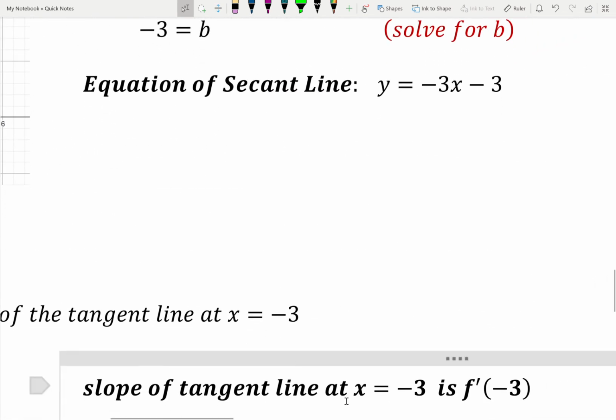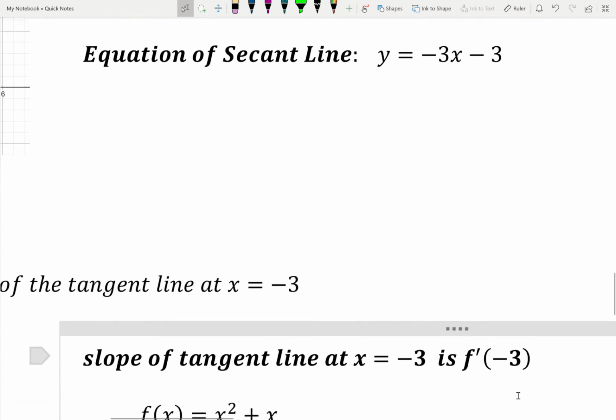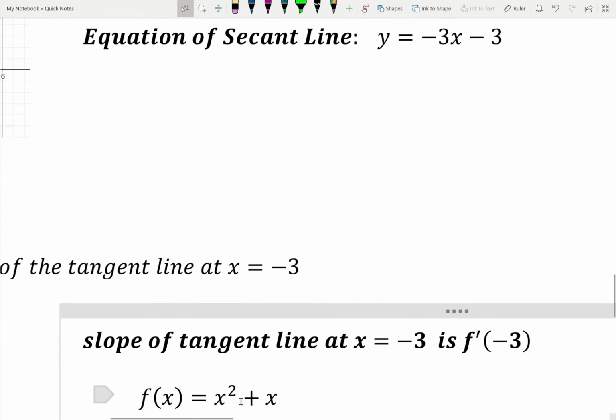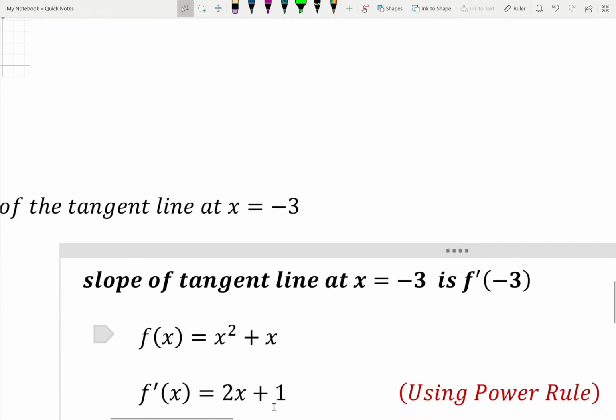The slope of the tangent line at x equals minus 3 is given by the derivative after you plug in minus 3. If our function is x squared plus x, the derivative using the power rule is 2x plus 1.